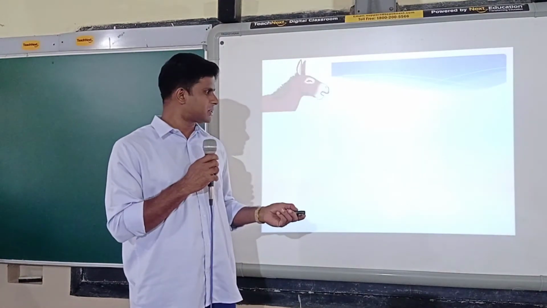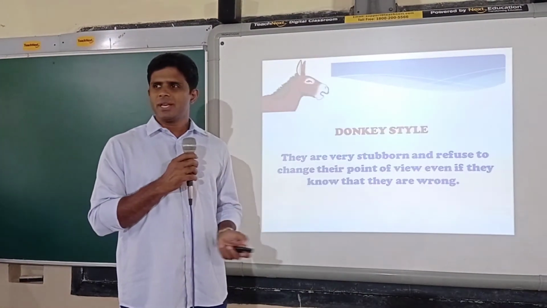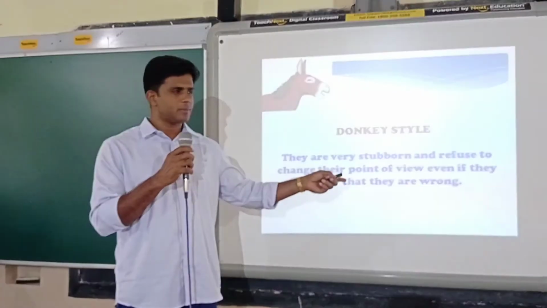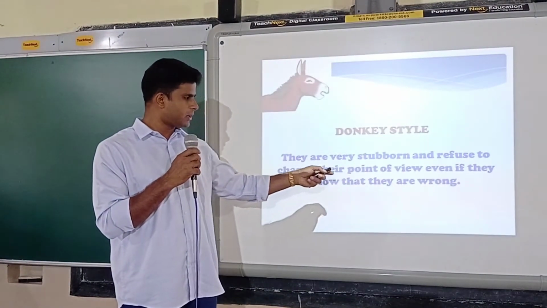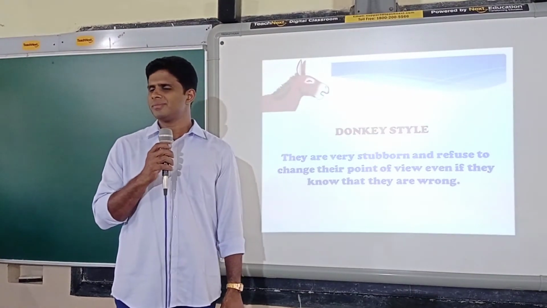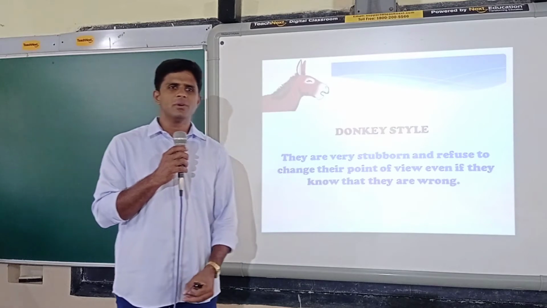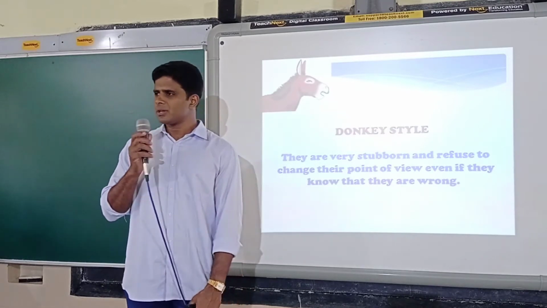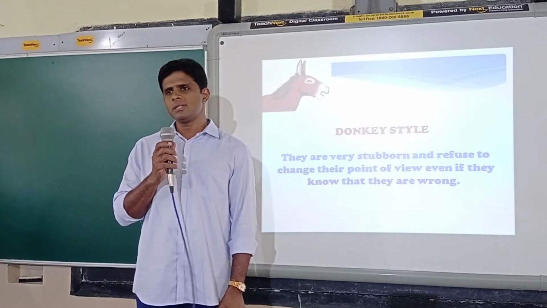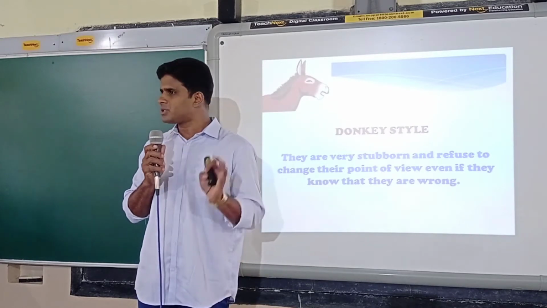Doggy style conflict. Their characteristic is that they are very stubborn and refuse to change their point of view, even if they know that they are wrong. In community meetings or common discussions, what they are holding on to, they know it is wrong, but they will never change.